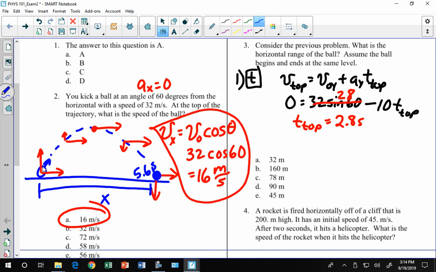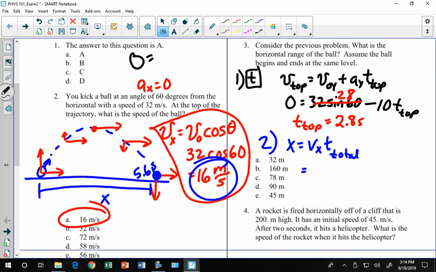Now, if I want to know the range, the second part is to say that x is equal to vx times t. This is t total, not t top. So that's vx. We've already found vx. It's over here. How'd you get t top? Okay, sorry, I skipped a step there. I said 0 equals 28 minus 10 t top.